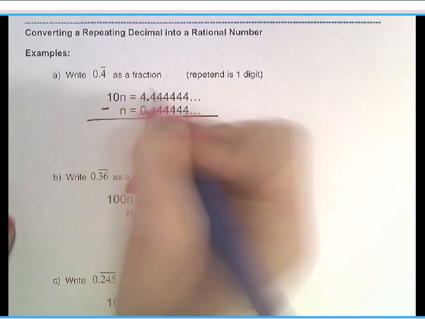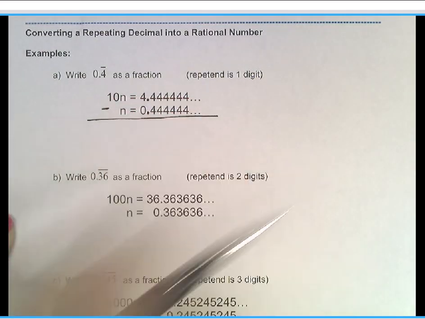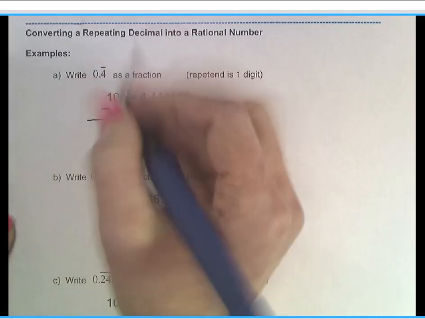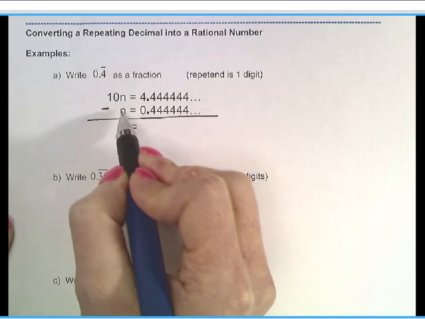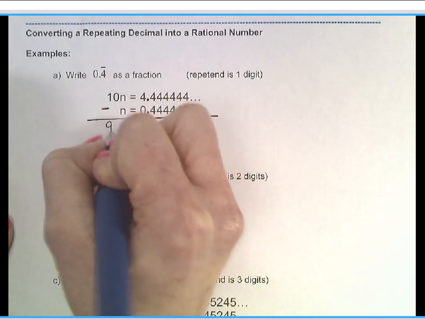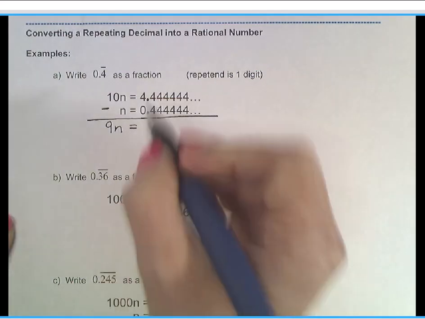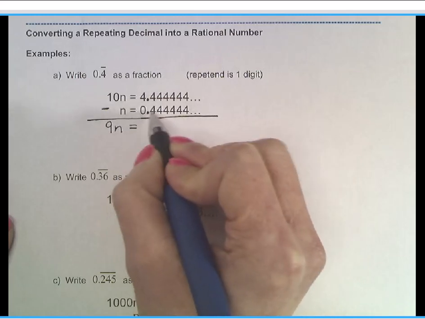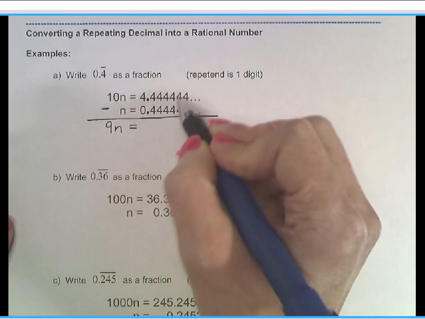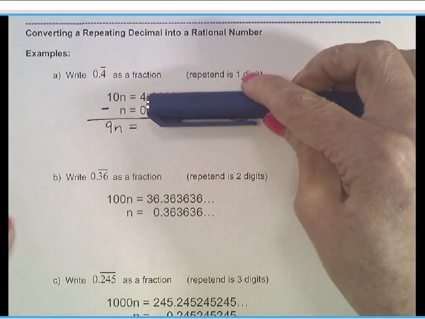I'm going to subtract the 10n equation minus the n equation. So if I have 10 n's and you take away one of the n's, I'm left with 9. So I have 9n on the left side. And if I take 4 point all these 4's minus all of the 4's, all of this repeating part is going to fall off, and you're just going to be left with 4.